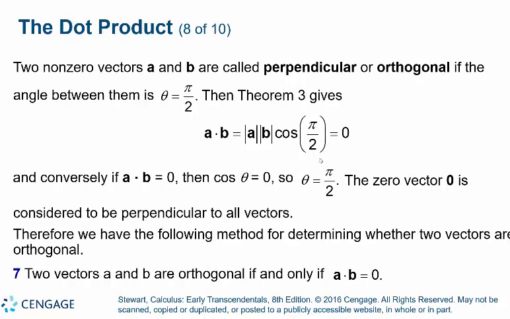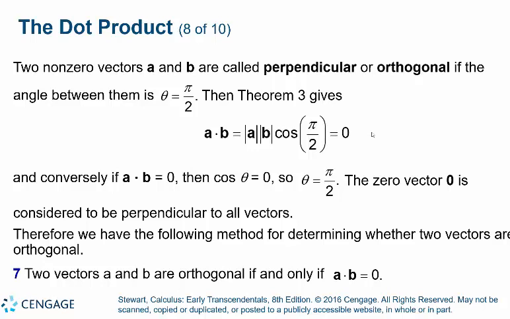Okay, so just a few other things real quick about this. Two non-zero vectors A and B are called perpendicular or orthogonal if the angle between them is a 90-degree angle, pi over 2. So then obviously this states the dot product of A and B, if they're perpendicular, has to be equal to 0, right? Because cosine of pi over 2 is 0. And conversely, if their dot product is equal to 0, then cosine of theta equals 0.